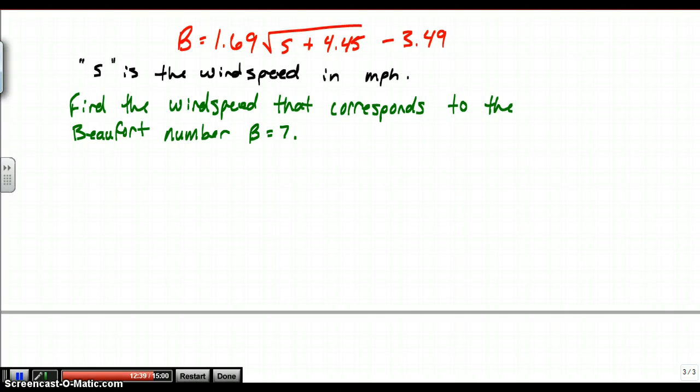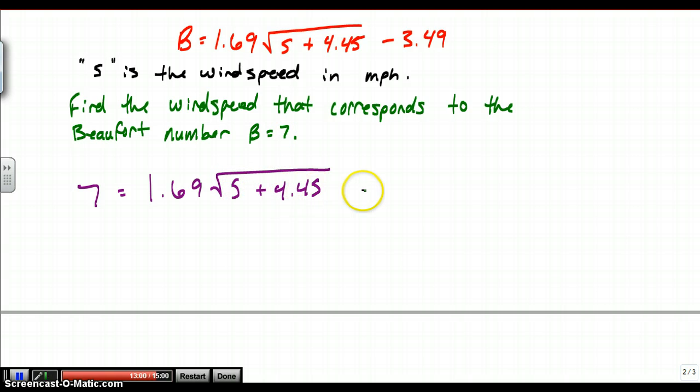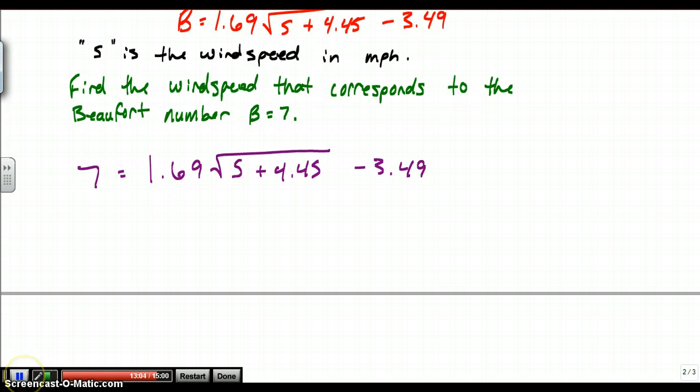So let's look at this example. The first thing we're going to do is just plug in for B equals 7. So 7 equals 1.69 times the square root of S plus 4.45 minus 3.49. And I'm sorry my S's look like 5s. Not really much I can do about that. Okay, so we're just solving for S. So the first thing we're going to do is add 3.49 to both sides.